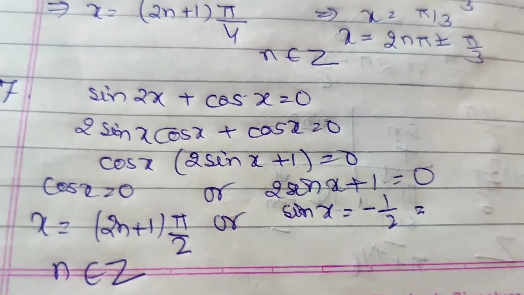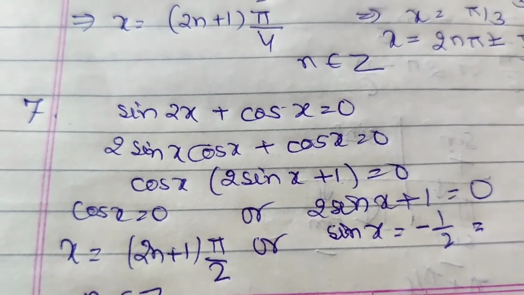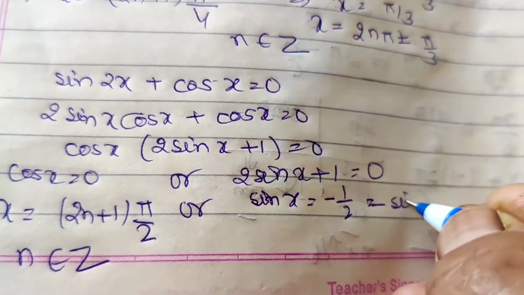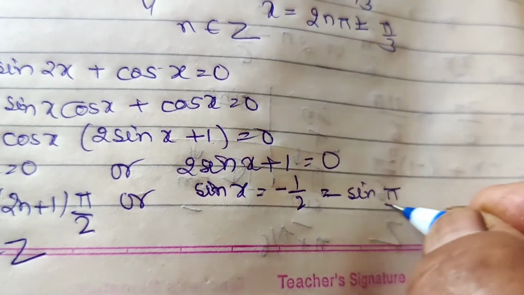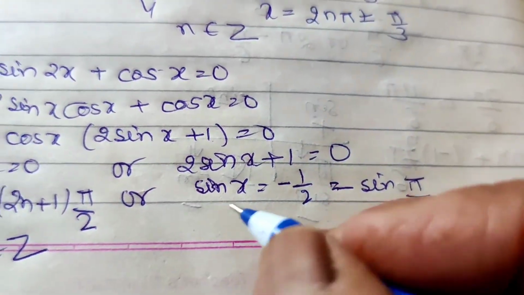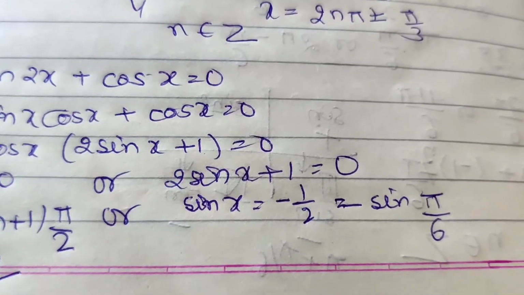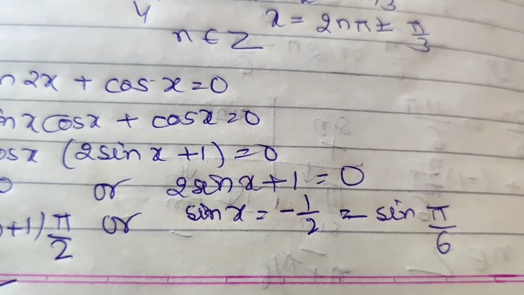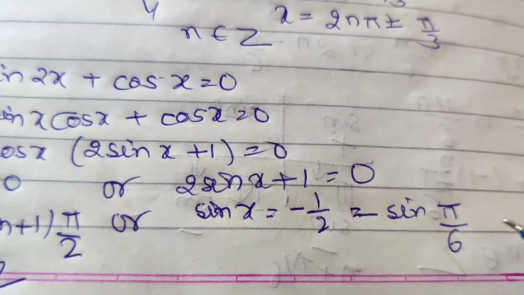Minus 1 by 2 means sin is minus sin pi by 6. It means it is 30 degrees. The minus sign means x lies in the third quadrant or the fourth.